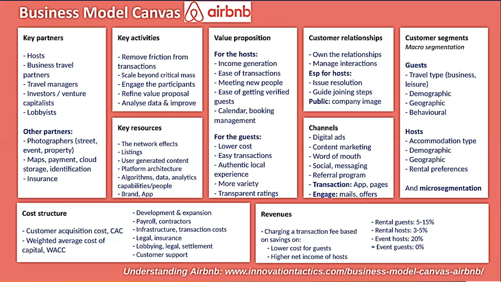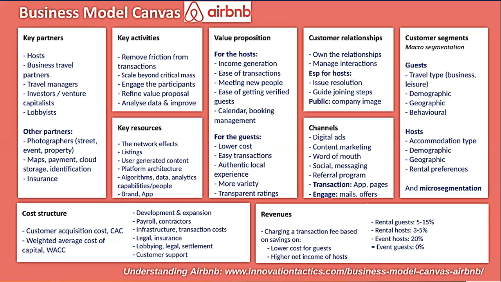Okay. So channels: digital ads, contact marketing, word of mouth, social messages, referral programs, transactions, engagements, and customer relationship. So Airbnb says that we want to own the relationships and manage interactions. They do this very well for the guests, and especially for the host, they want all issue resolutions.